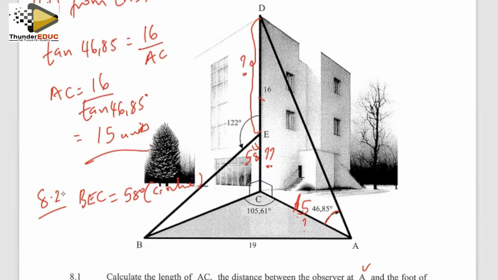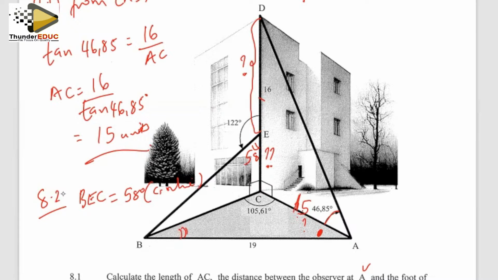For me to get BC, I'll need this angle here. For me to get this angle, I need this angle first. All right, guys, let me use the sine rule from BCA.